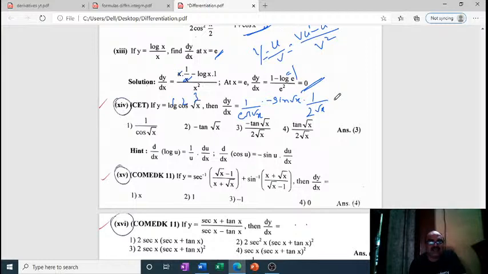So what did we get, friends? Minus sine root x by cos root x is minus tan root x divided by 2 root x. So minus tan root x by 2 root x is the right answer.